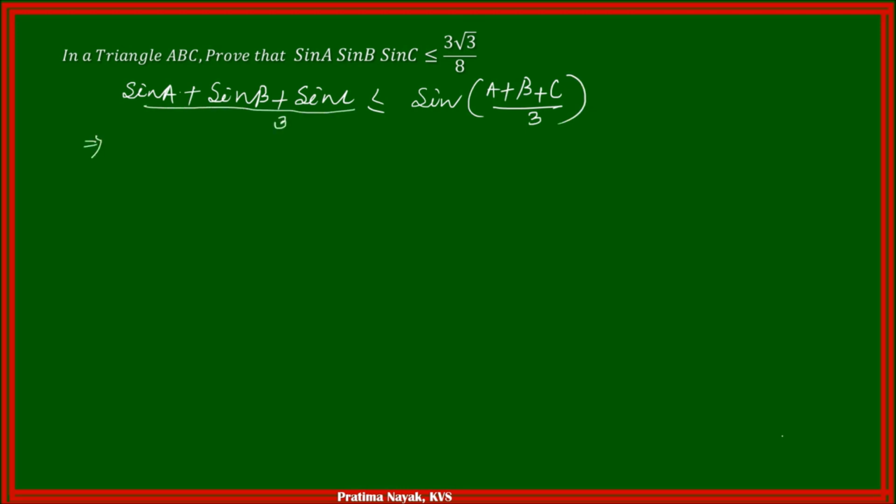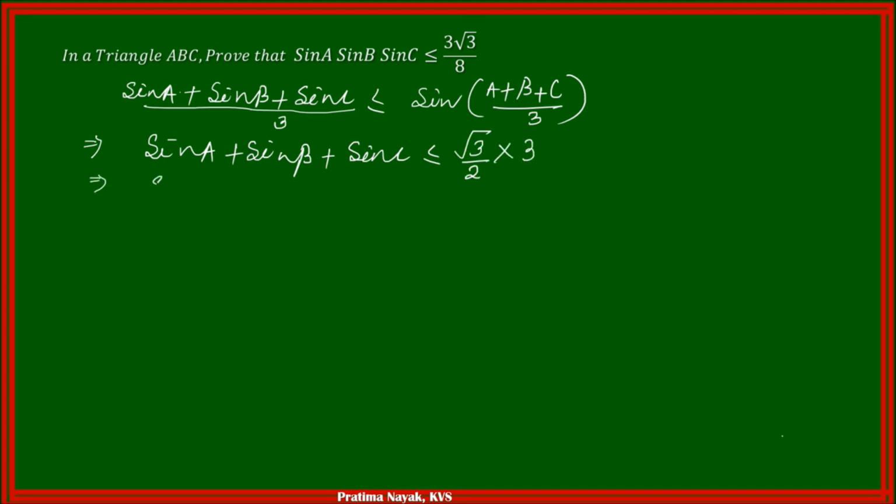That is, sine A plus sine B plus sine C is less than or equal to 3 sine 180 by 3, which is sine 60 degrees. So root 3 by 2 whole multiplied by 3.